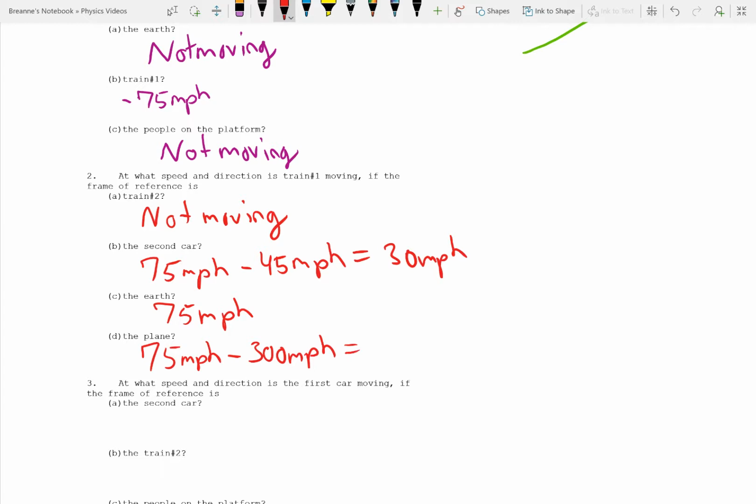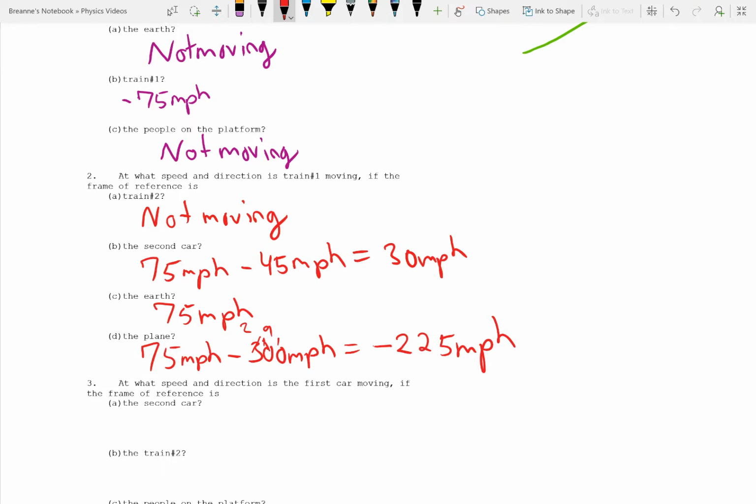It seems like it's moving really, really fast backwards. So I'm going to do a little bit of mental math. That'd be 5, and that'd be 2, 25 miles per hour negative. So it seems like it's going really, really fast in the negative direction.